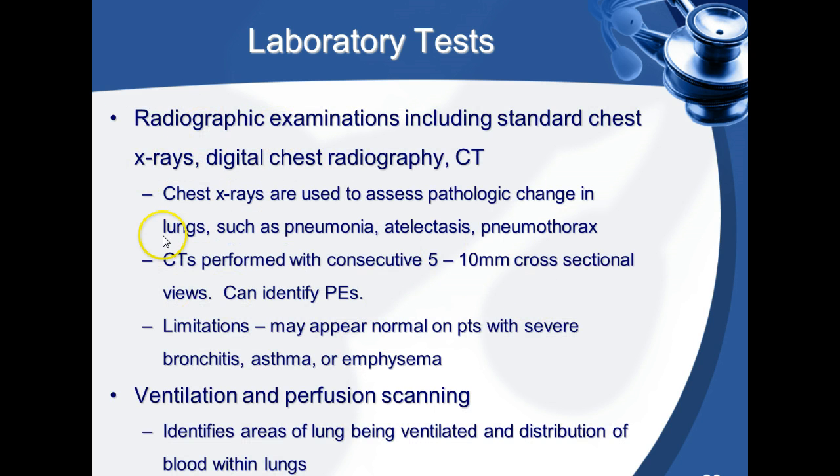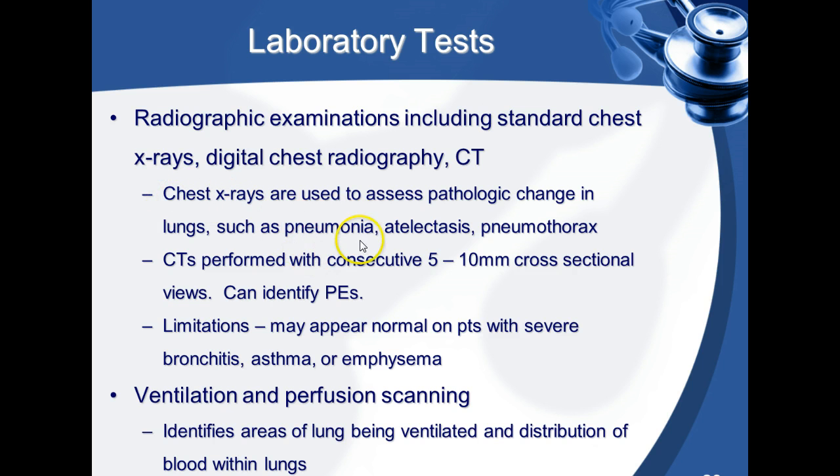We talked about this. I kind of went ahead of myself. Chest X-rays. You can see pneumonia or whatever. And a lot of times you'll be reading a chart and they'll say that a person has an infiltrate when they looked at their chest X-ray.